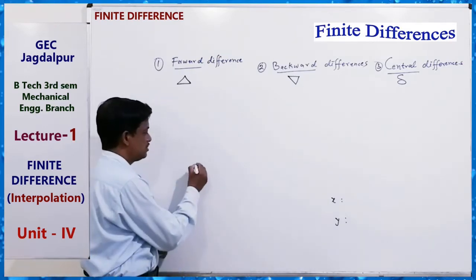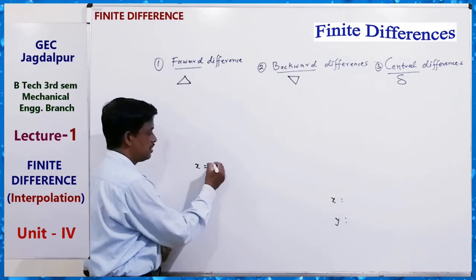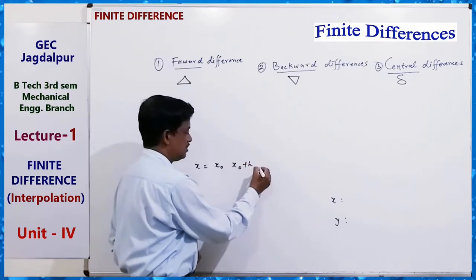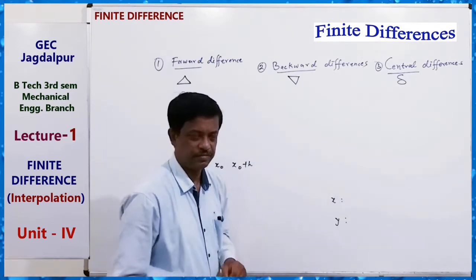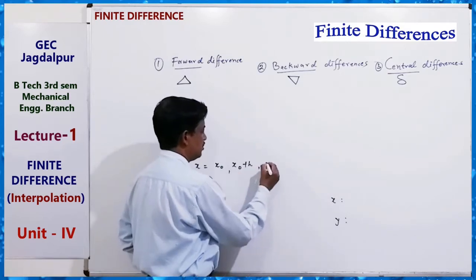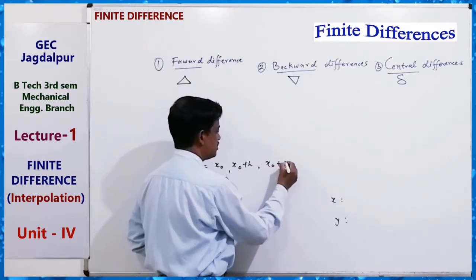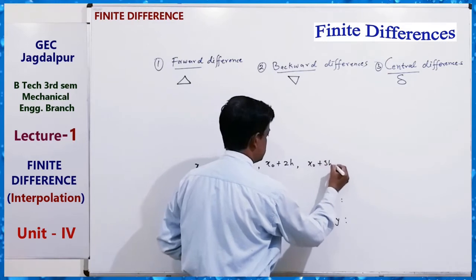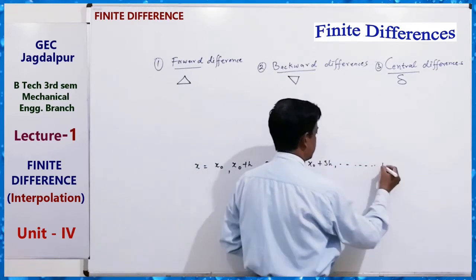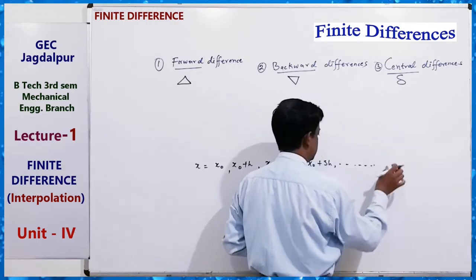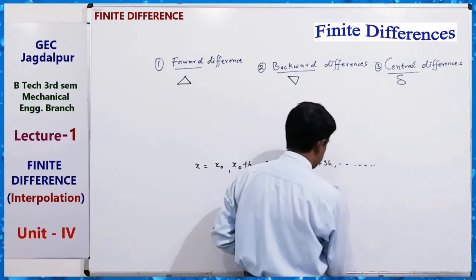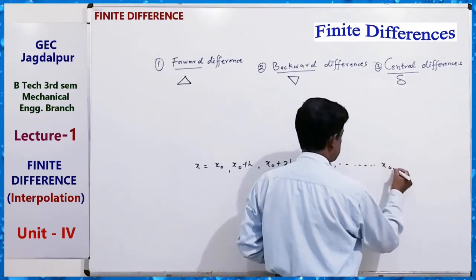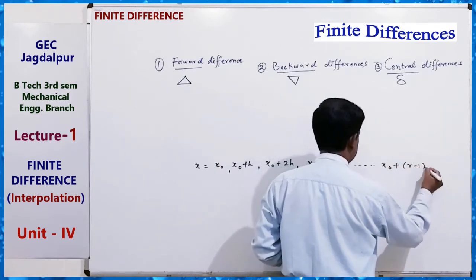For that, suppose the first value is x0, the second value is x0 plus h, where the interval is h, then the third value will be x0 plus 2h, the fourth value will be x0 plus 3h, and up to the rth value, which will be x0 plus (r minus 1) h.